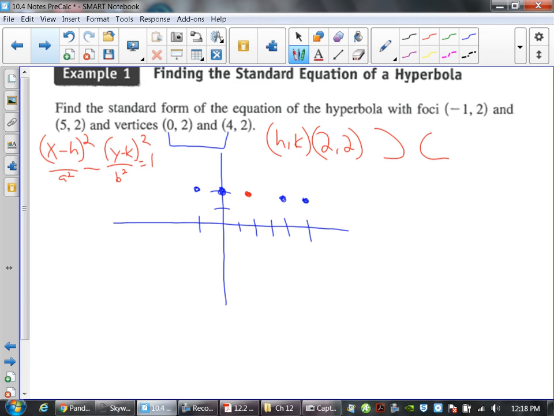Knowing that my center is at (2, 2), how far is it from (2, 2) to (4, 2)? So what's your a value? 2. Oh, you don't have to square it? Not yet. I'm just finding a. I know that my a value is 2, which means a squared is 4. I don't know what my b value is, but I do know what my c value is. What's my c value? 3.